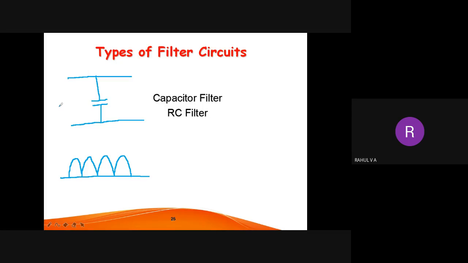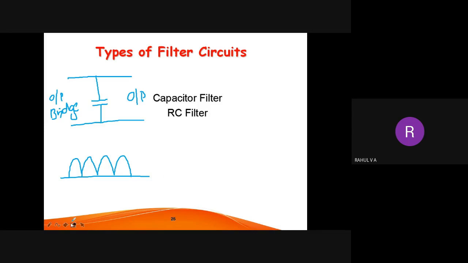The output of the bridge rectifier, you are connecting at this point, and a parallel resistor is this, and you have output terminals at this point.